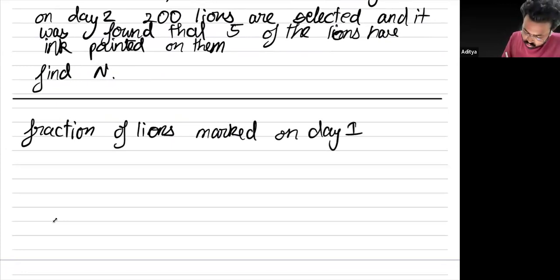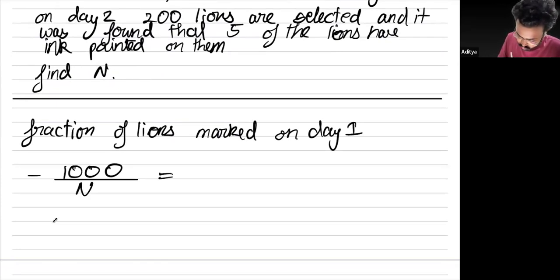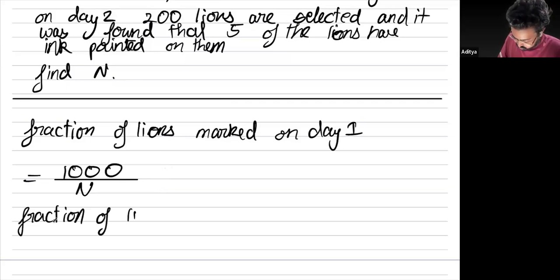So you have 1,000 lions that you mark on day 1 out of the total n number of lions that are there. This has to be equal to the fraction of lions with marks spotted on day 2.